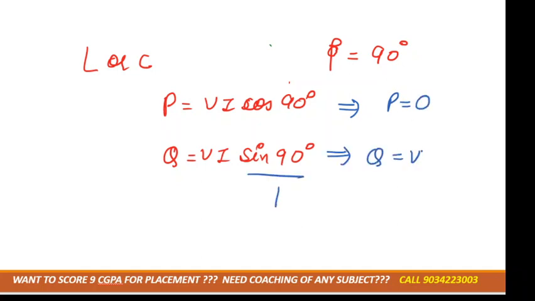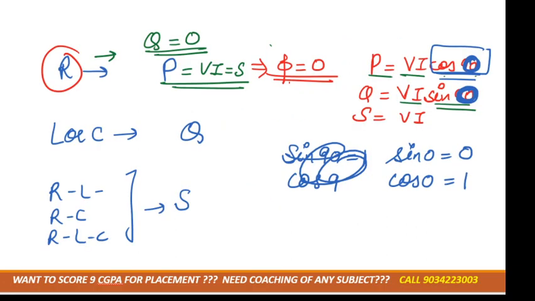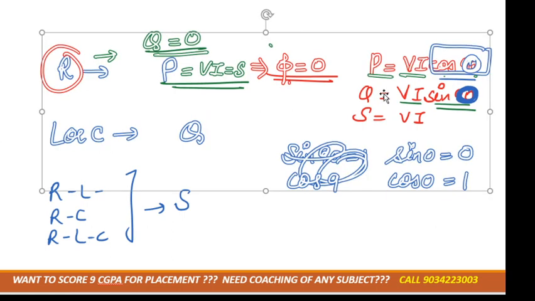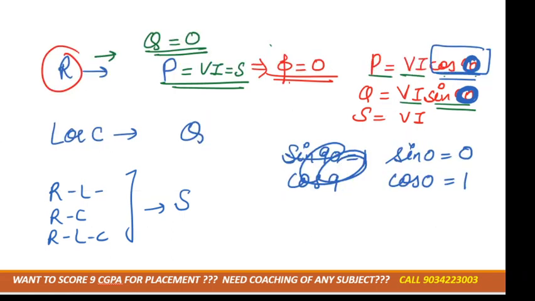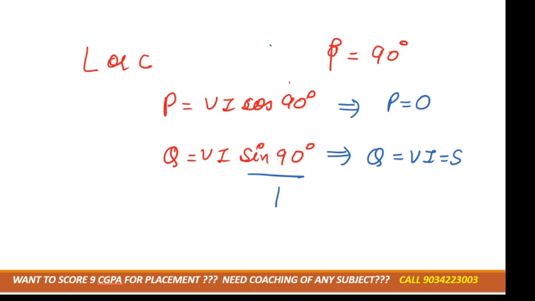So Q is equal to VI, that is equivalent to S. So that exactly proves that resistive load consumes which power? Resistive load consumes active power, that is P is equal to VI. And inductive load and capacitive load consume reactive power, that is Q is equal to VI.